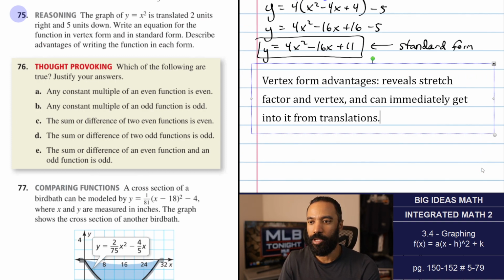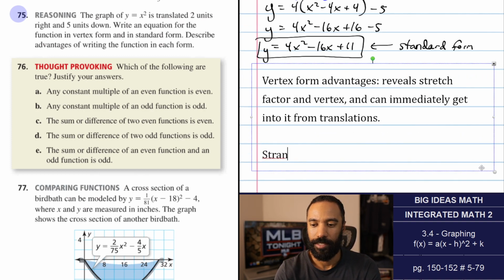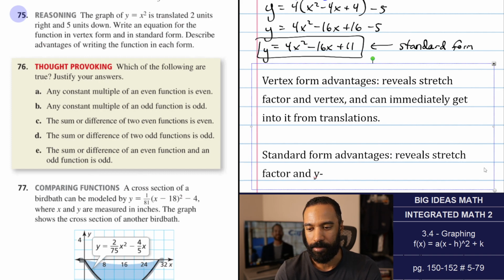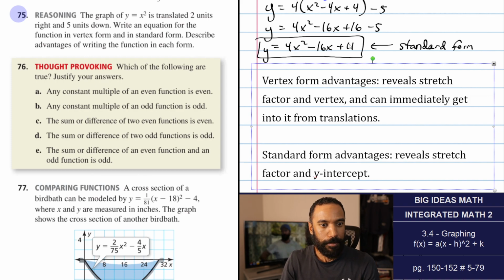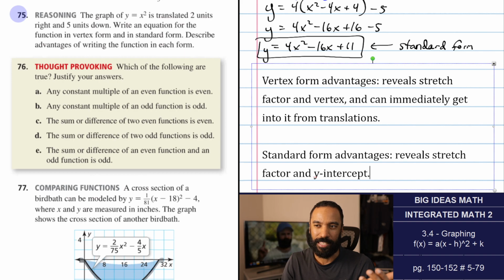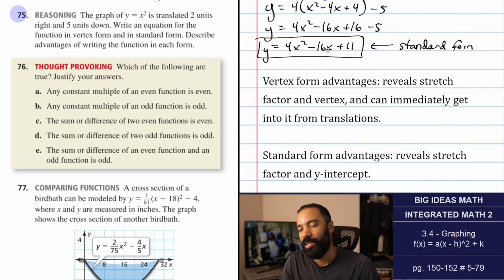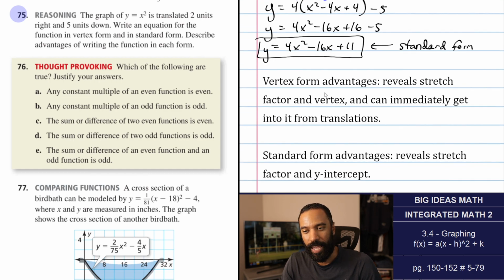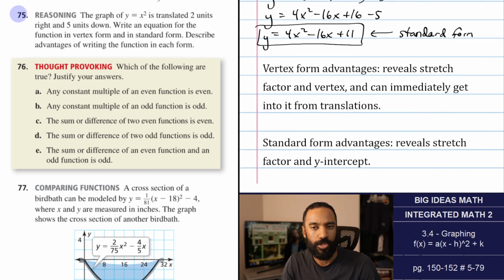The standard form equation, on the other hand, has advantages: it reveals the stretch factor and the y-intercept. If you recall, the y-intercept is the c value, 11 in this case right here. That's kind of it. You have to get in this form after expanding this thing out, at least from what I had, or that's going to be one of the easier ways to do that. That's it, and that's all.